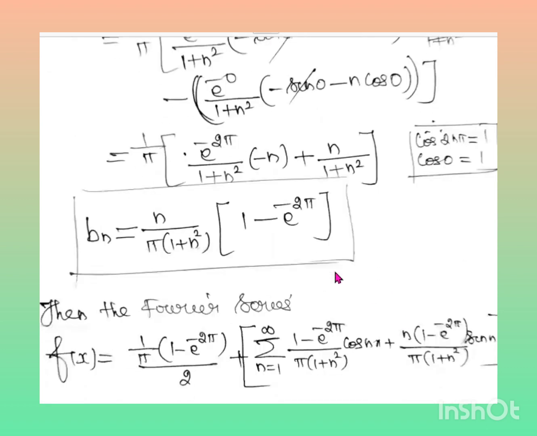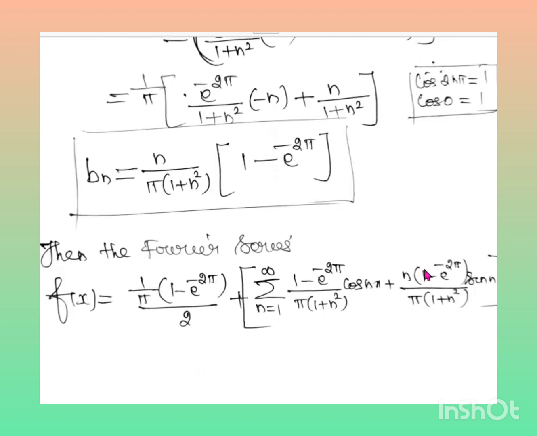So (1/π)(−n e^(-2π) + n) divided by (1 + n²). So the bn value is n divided by π(1 + n²) into (1 − e^(-2π)). This is the bn value.